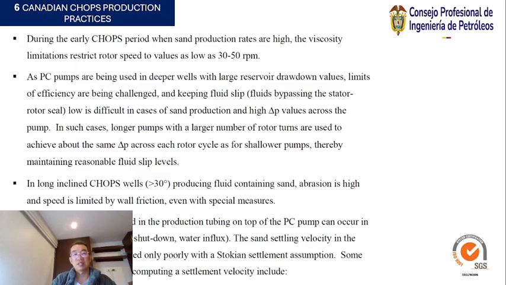In such cases, longer pumps with a larger number of rotor turns are used to achieve about the same delta P across each rotor cycle as for shallower pumps, thereby maintaining reasonable fluid slip levels.